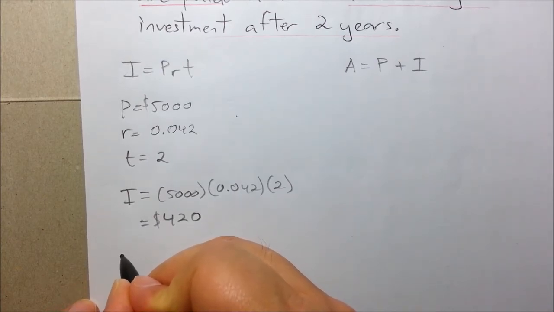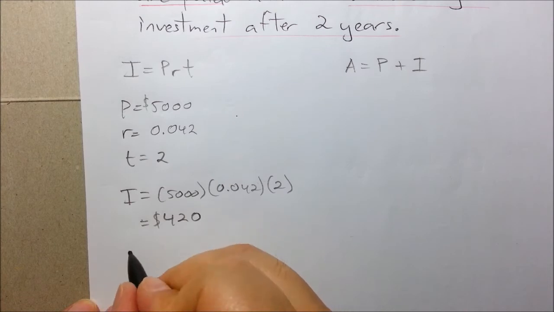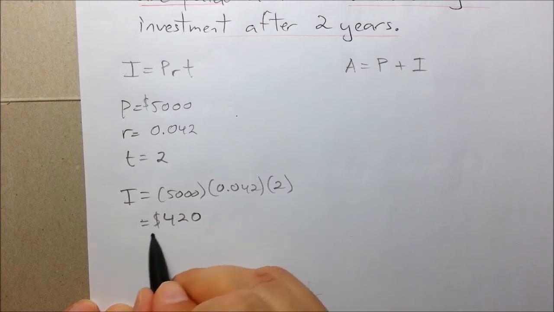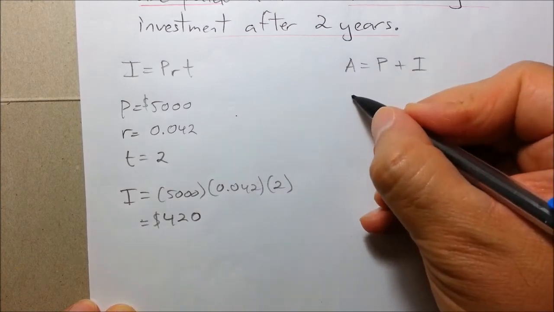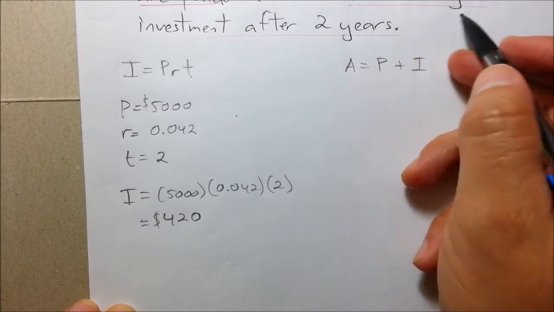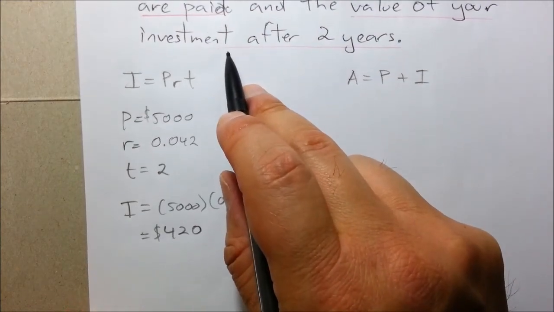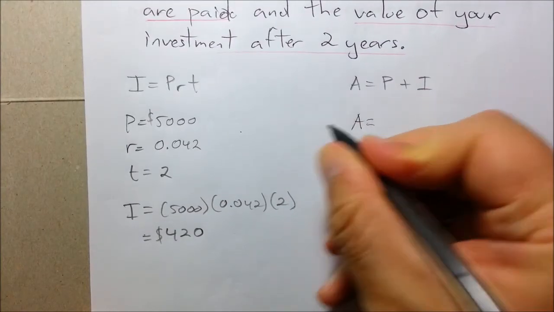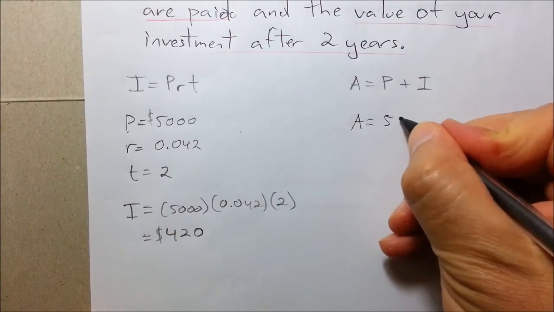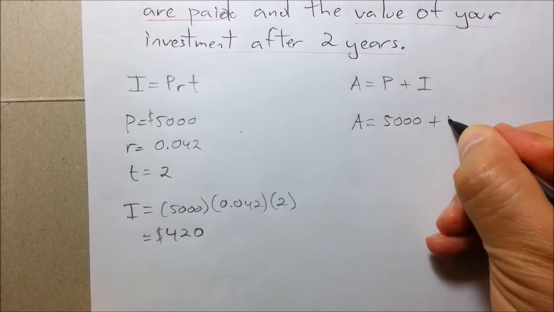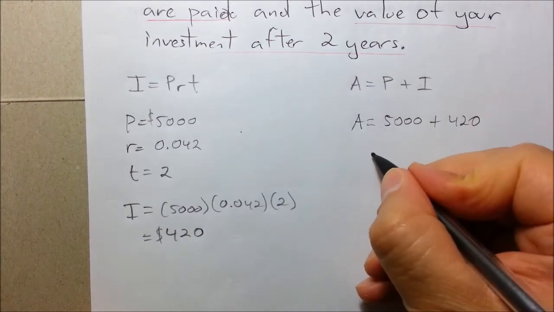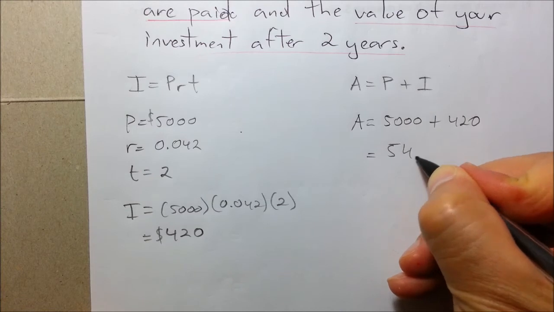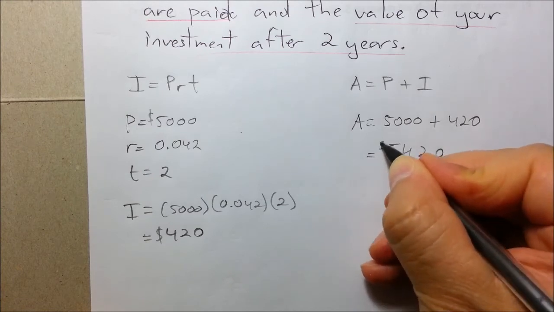Okay, let's just leave it like that for now. Interest earned is this. And then we need to calculate the value of your investment after 2 years. So A is going to be equal to the principal, or the initial amount, 5,000 plus 420. That gives us 5,420.